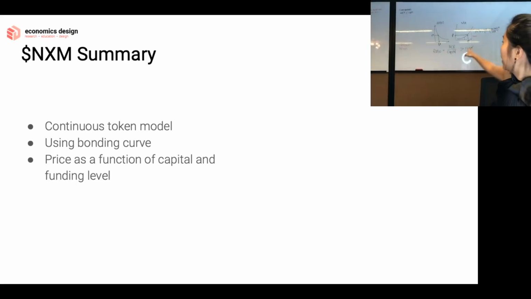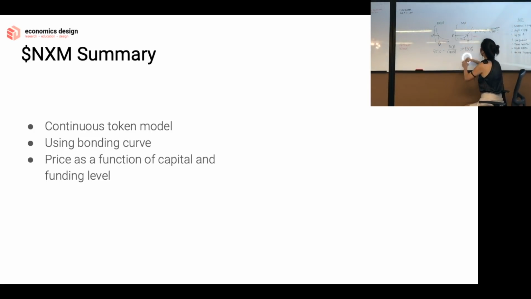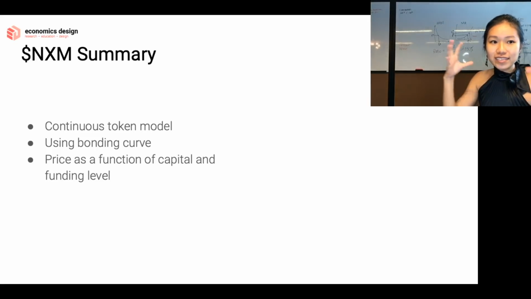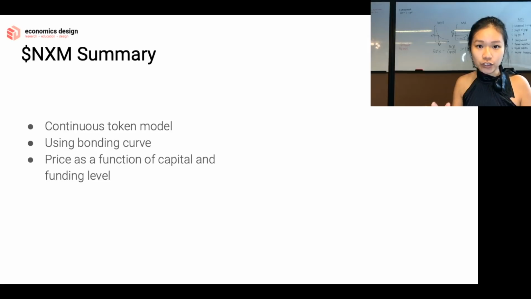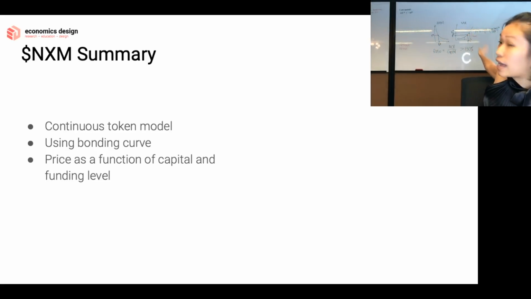Quite simple: as more capital is input into the NXM system, the value of the NXM token increases. That's the general idea. We're going to go into the details later, but this is the high-level summary of how the bonding curve is very different for AMM versus NXM.